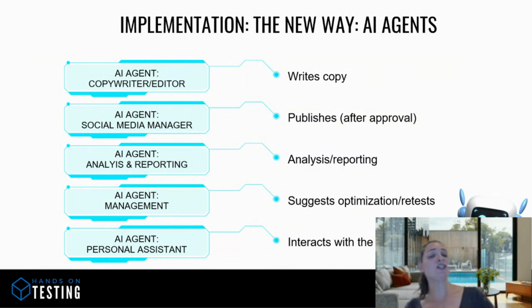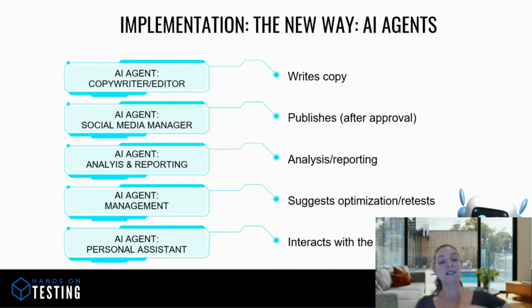I have another AI agent who is a social media manager, who publishes, after receiving approval, all the stuff the copywriter creates, and so on. My favorite AI agent is actually the analysis and reporting bot, which takes all the different campaigns that we're running, on social, organic stuff, paid marketing, everything, and analyzes and reports it.